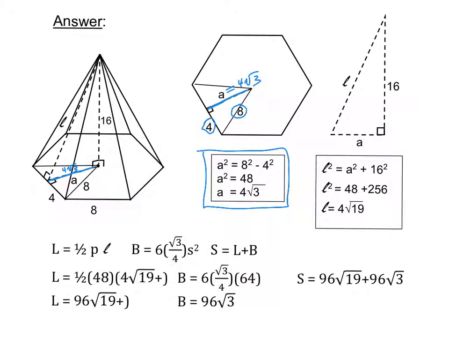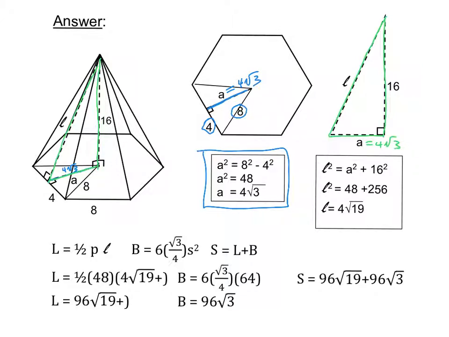So then I go back over to this picture and I put 4 radical 3 on for the apothem, and you'll notice that when I do that, I'm looking at this right triangle right here. So this green triangle came from knowing the height of the pyramid. Here's the slant length, and here's that apothem, which we just discovered was 4 radical 3.